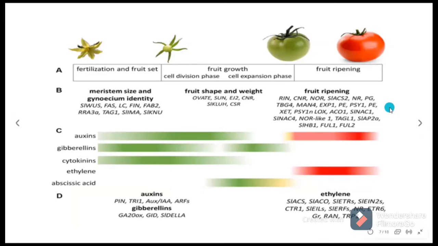For fertilization, there is a high presence of auxin and gibberellin. For fruit ripening, we can also see the presence of ethylene and a low presence of abscisic acid and auxin. All these are the genes that play a role in fertilization, fruit growth, and the fruit ripening stage.